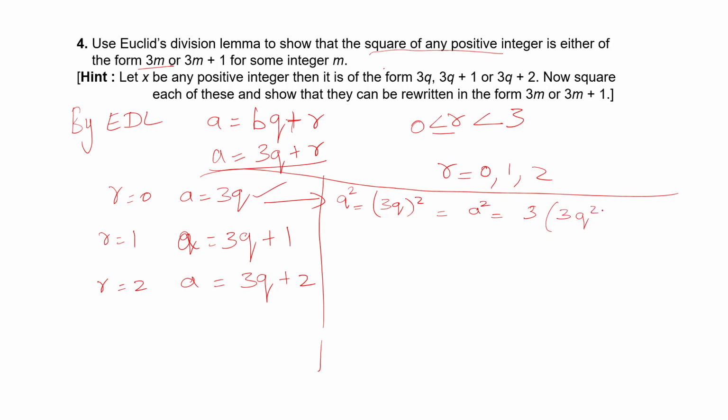Here it is equal to 3 square into q square. Our answer requires one 3 outside, so I'll keep only one 3 outside and keep the remaining inside: 3q square, which is equal to 3 into m. 3m. Done.